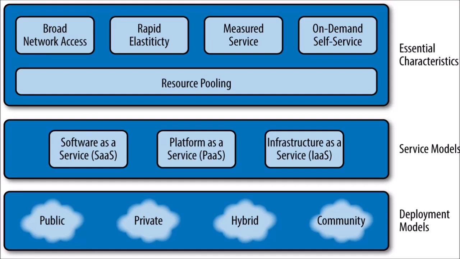Then we have service models, which include software as a service, platform as a service, and infrastructure as a service. Deployment models include public cloud, private cloud, hybrid cloud, and community cloud. Now let us see all these components in brief.